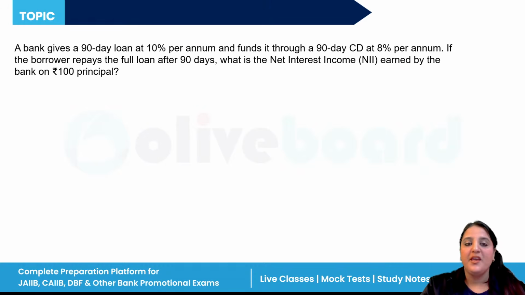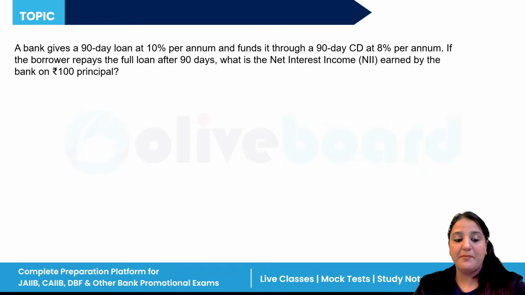Next question. If a bank gives a 90-day loan at 10% per annum and funds it through a 90-day CD at 8% per annum commercial deposit, if the borrower repays the full loan after 90 days, then what is the NII earned by the bank on rupees 100 principal?